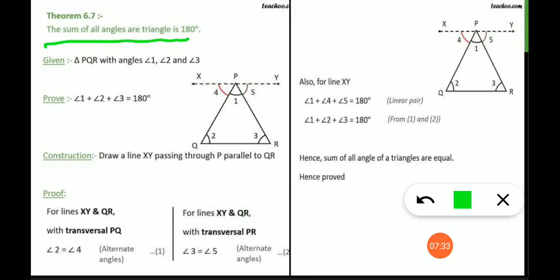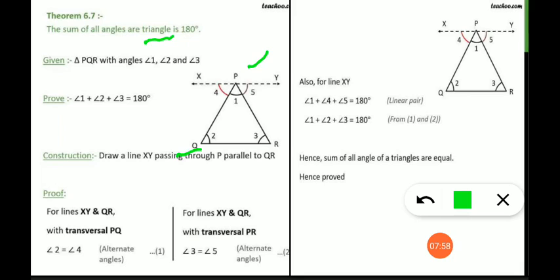So what did I say? First of all, we have to make the figure. So what is given? A triangle is given. So we will make a triangle and we will name its vertices P, Q, R, and its angles I have now named as 1, 2 and 3 for simplicity of solving the question.